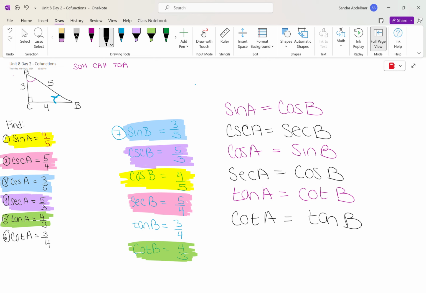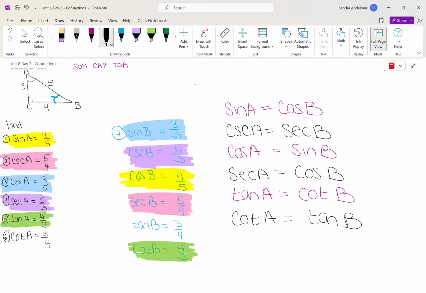All right, this is not a coincidence. These connections, see how sine and cosine, cosecant and secant, tangent and cotangent all sort of work together. They end up being the same. These are called cofunctions. Sine and cosine are cofunctions.